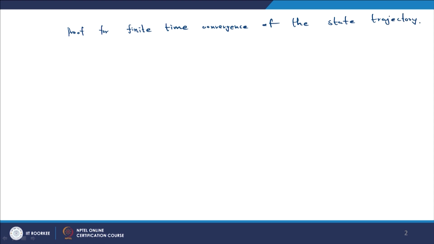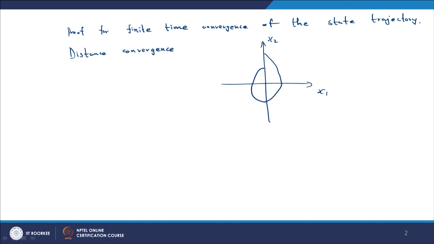First, we see the distance proof, like distance convergence. That is, we have the state trajectory x1, x2, such that when you compare this distance and this distance, this distance is lesser than the starting distance.